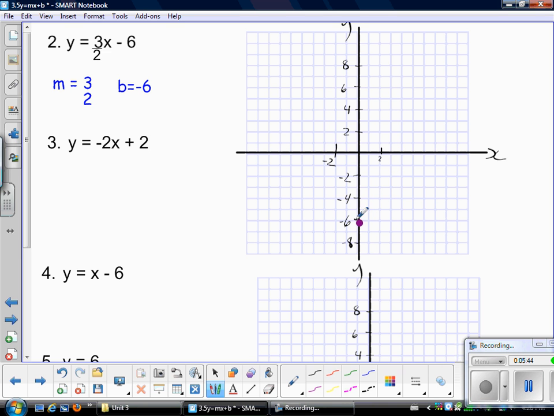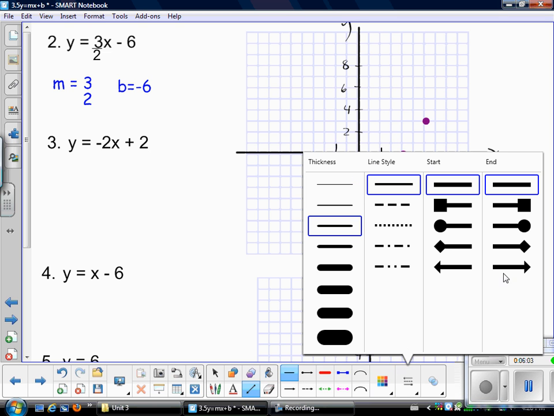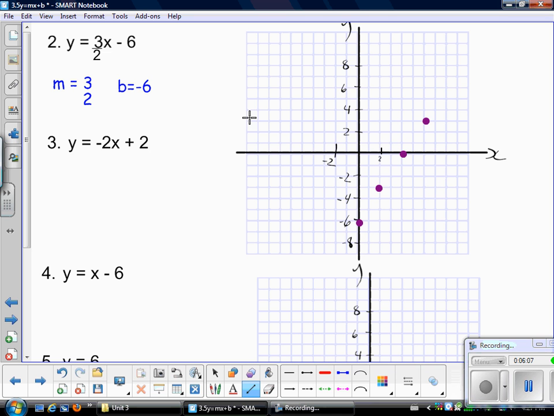So I'm going to go up 3 and then run 2. Up 3, run 2. As I said, you can keep on doing that, but obviously we have enough points. Then we draw a line and extend it in both directions with arrows to tell the person that it goes on forever and ever.